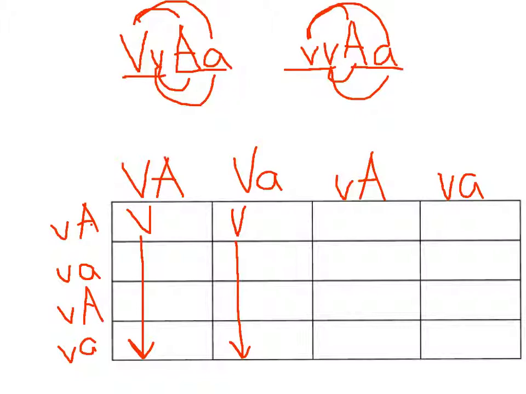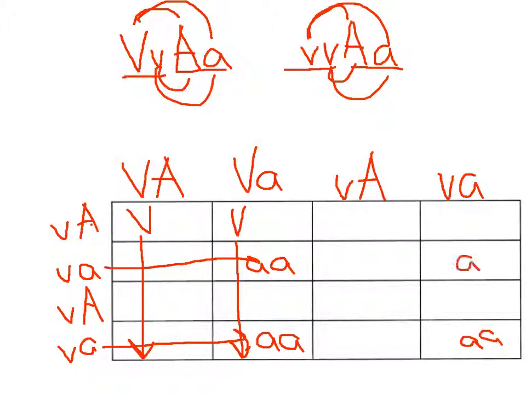For our albino, we have to have a double A. So there's a double A here and a double A here. And there's also a double A here and here. Now these are not vitiligo, these are little v's.